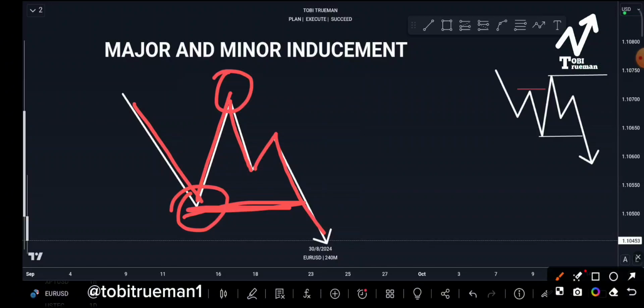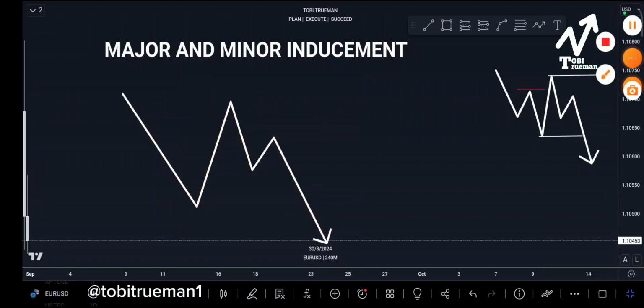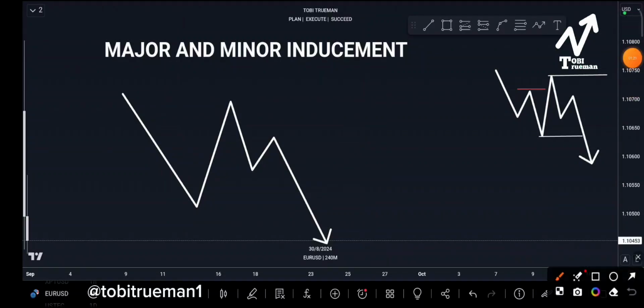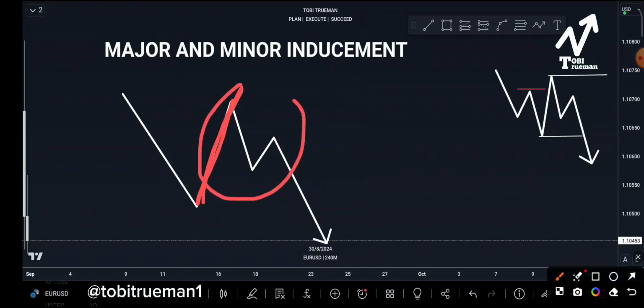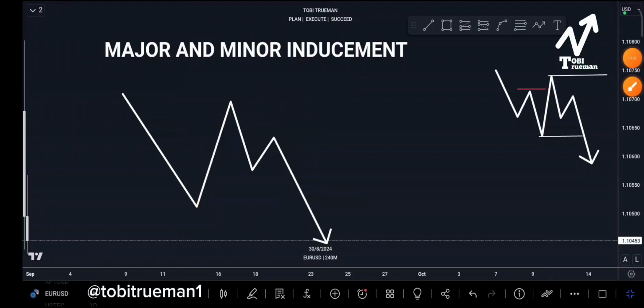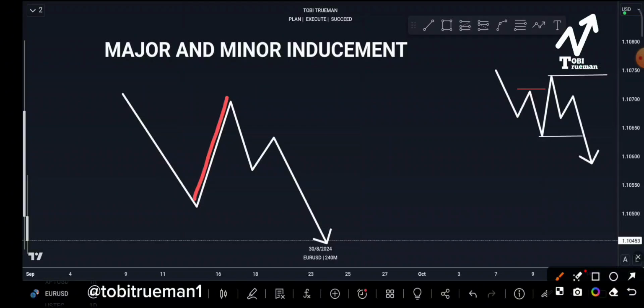Now this entire leg move is engulfing everything that is happening in between here. So this is the main pullback. This is what I'm talking about. All right, then all this other pullback that is happening in here is now what? It's now minor pullback.